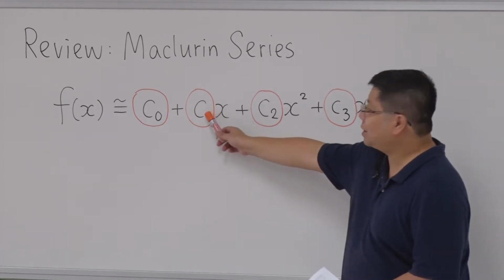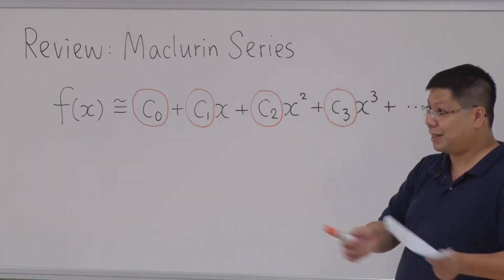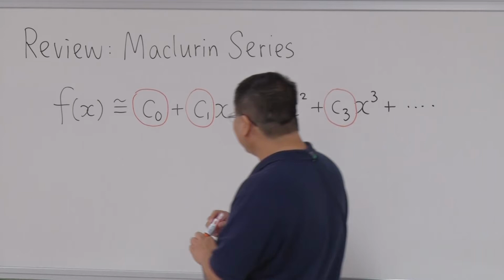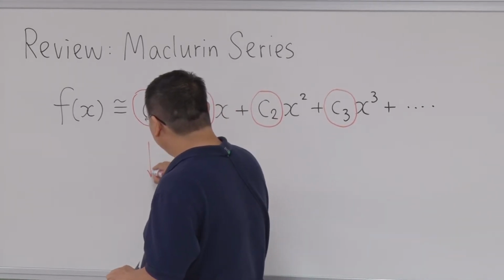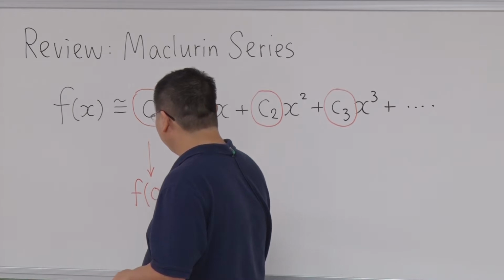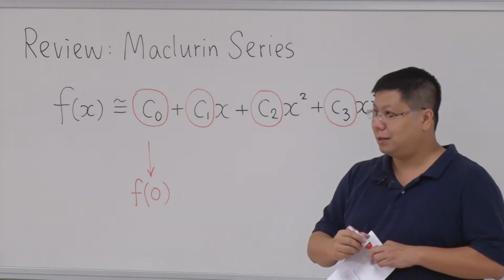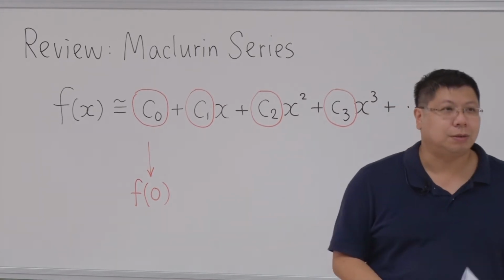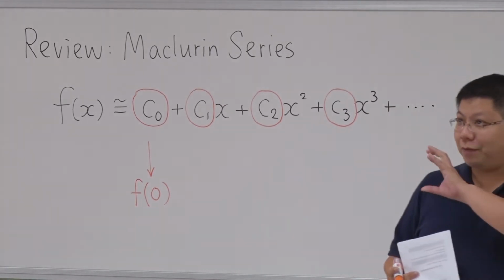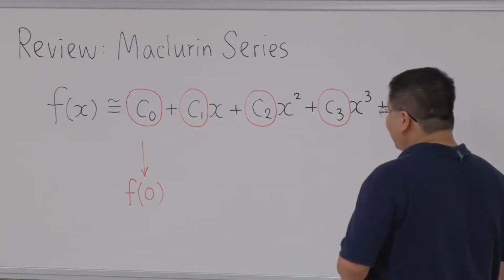You want to make sure that these terms go away, right? So you put x to be 0. Am I correct? Good. Excellent. So this term is f of 0. Is that okay? And then how do we get c1? We differentiate the thing once.